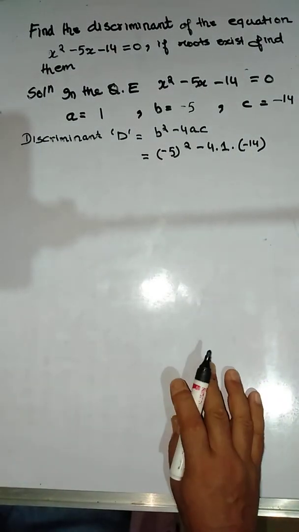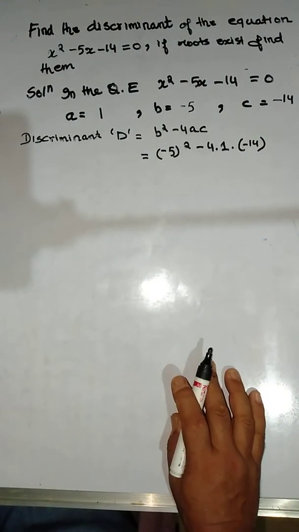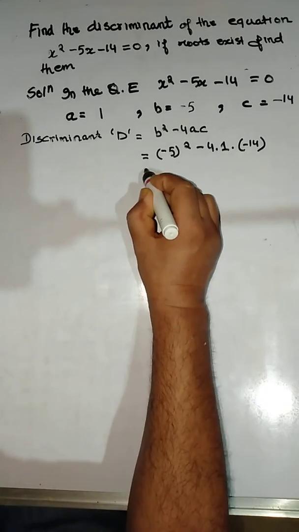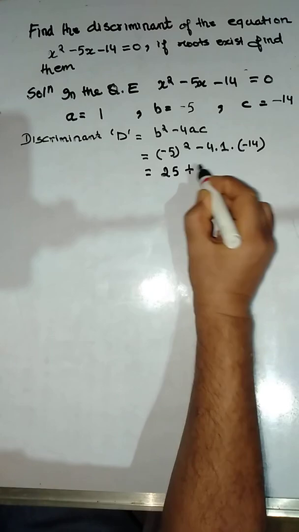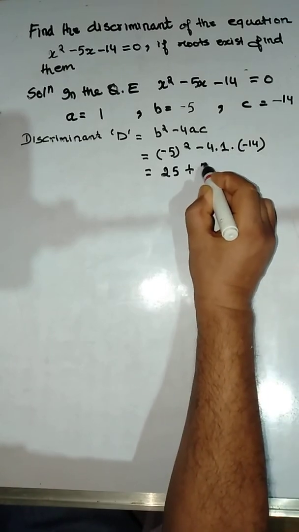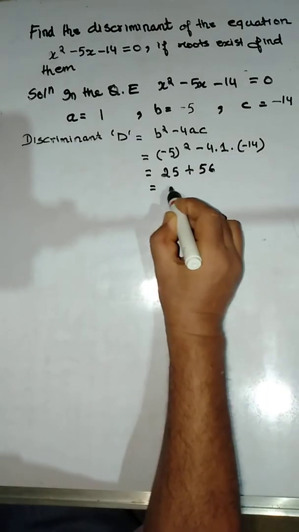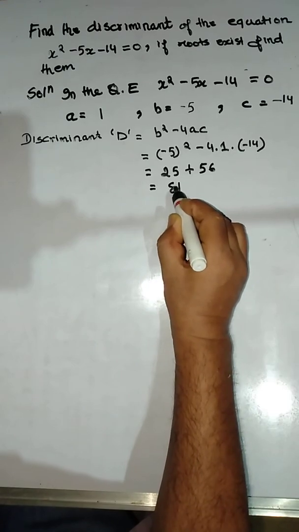Then you do your mathematical calculation here. Minus into minus is plus, so this would be 25. Minus into minus is plus again, that will give you 56. And this is equal to 81.